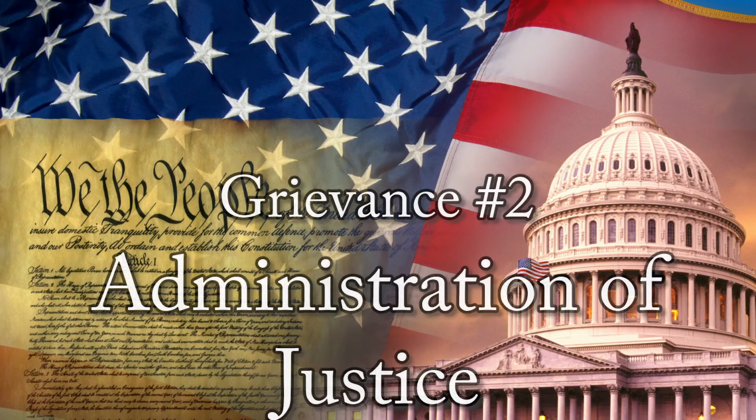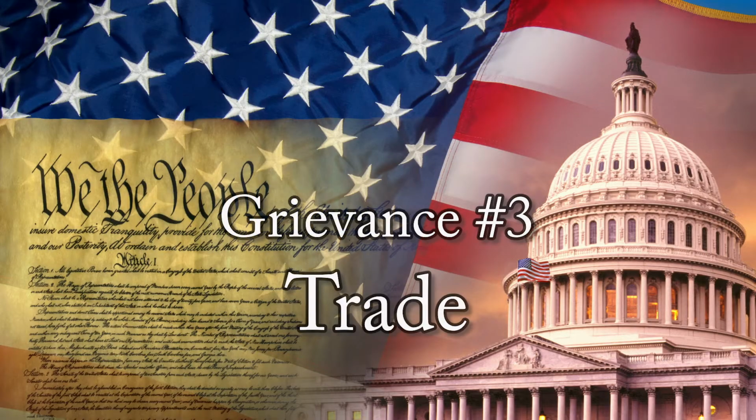All right, next category is administration of justice. The right to trial by jury had been restricted, and judges were hired and paid dependent on whether they would follow the king's will. Additionally, some criminal charges required the accused to travel all the way across the ocean to England for trial. The next category is trade.